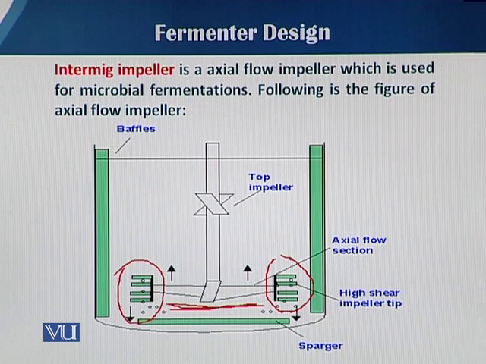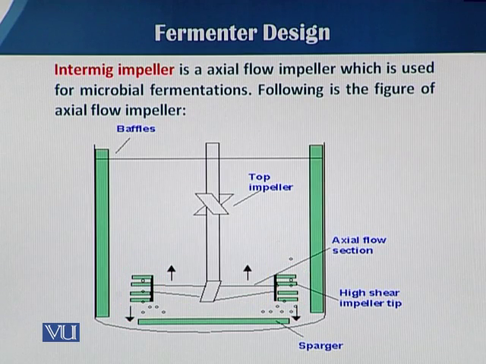While the axial flow impeller pushes the medium toward the bottom of the vessel, these help to break down the air bubbles into smaller ones, to increase the surface area. That checks the problem that exists in axial flow, so with intermig impellers we can avoid the problem of low shearing effect.